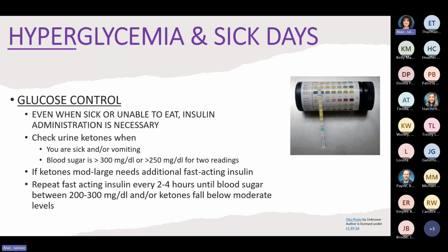Moderate to large needs more insulin. And they can repeat that insulin every 2 to 4 hours until the blood sugar is lower or the ketones fall below moderate. If those ketones continue to rise or they get to large, despite adequate fluid resuscitation and adequate insulin administration, and they're experiencing other symptoms, the patient needs to come in and be seen.